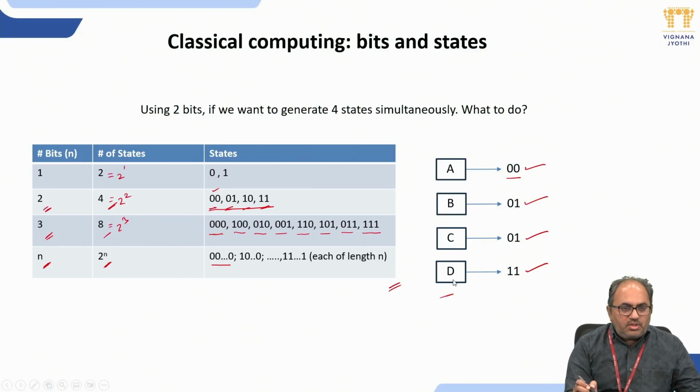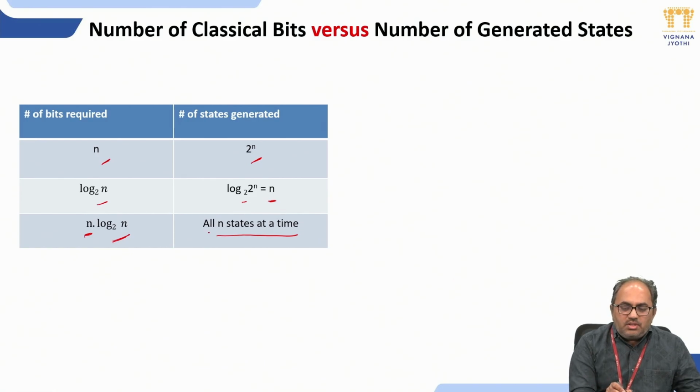So the point is that if you want to generate n states, you need log n base 2 number of bits. But all these number of states are not generated simultaneously. One at a time only.